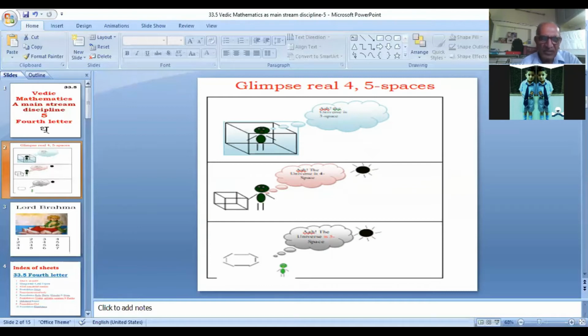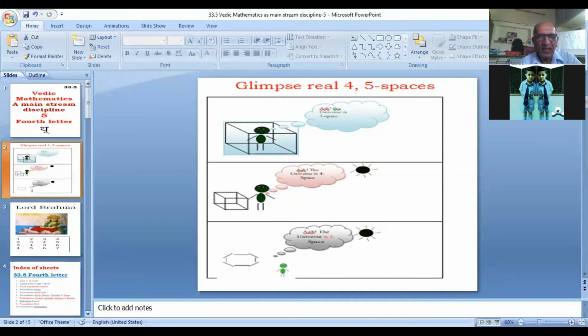The mental state for a person sitting in a room or for the individual within a cube is a linear order three space mental state, and it is only because of the spatial boundary, because of the 6 surface plates of the cube.